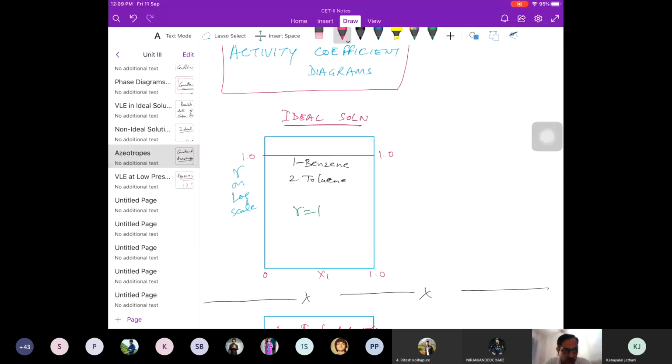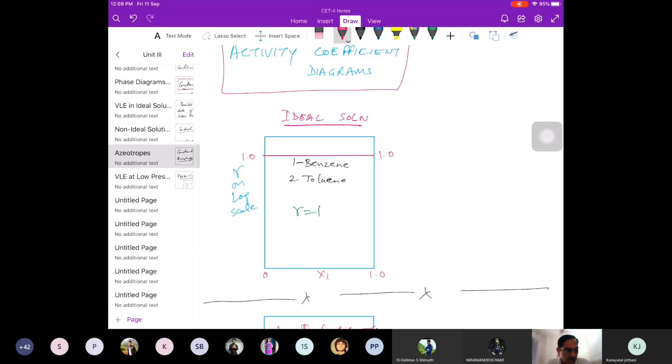We have learned about activity coefficient. For what purpose do we use it? We defined activity coefficient. Why do we use it? To show the deviation from the ideal one. Yes. Activity coefficient represents real solutions.